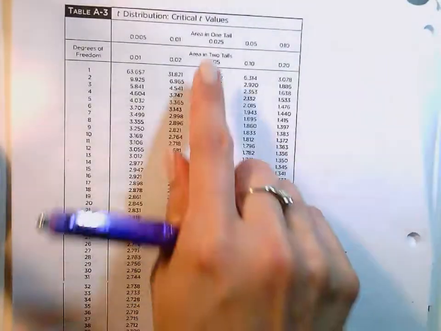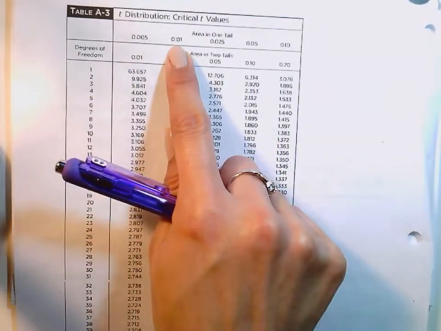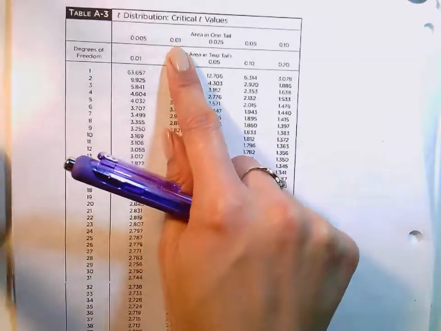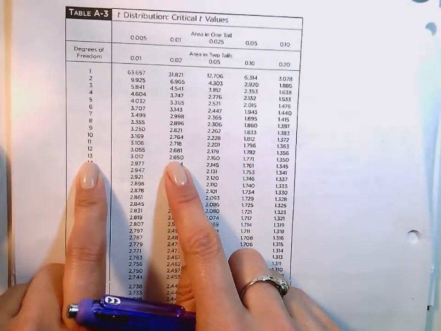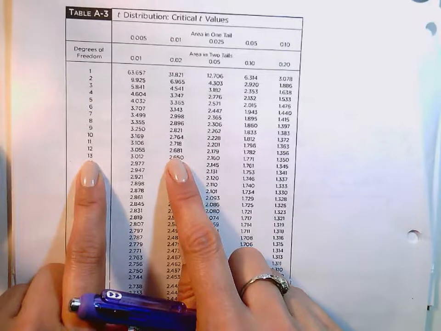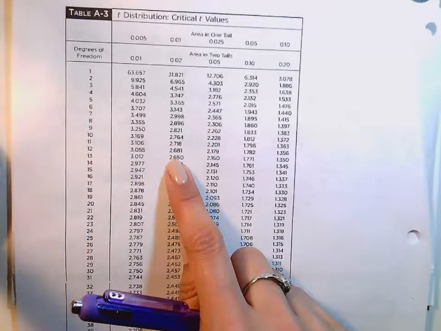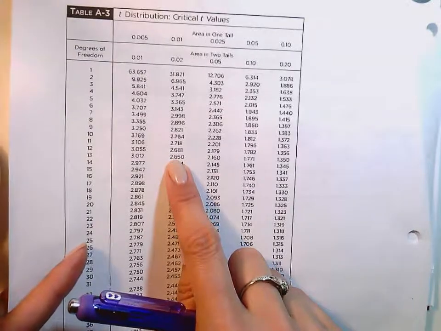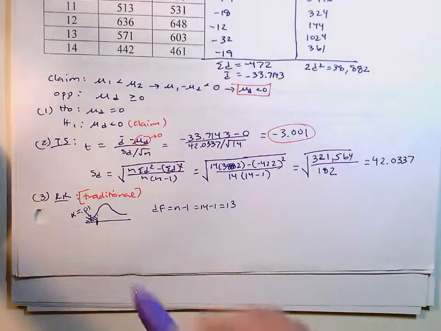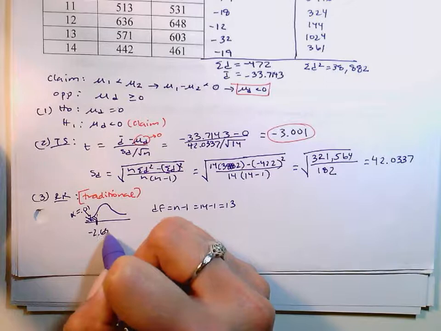Go down and go across, and that gives me a 2.650. But this is if it was a positive number. So if it was on the right side, it would be positive 2.650. But because it's on the left, we put a negative 2.650. So this is negative 2.650.